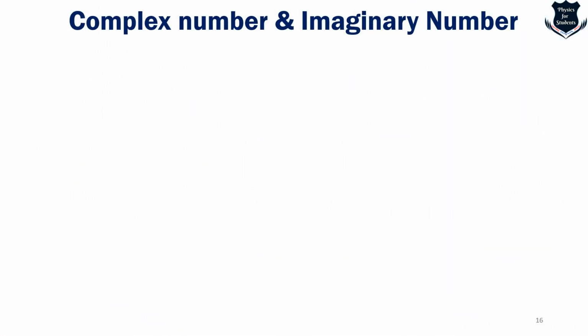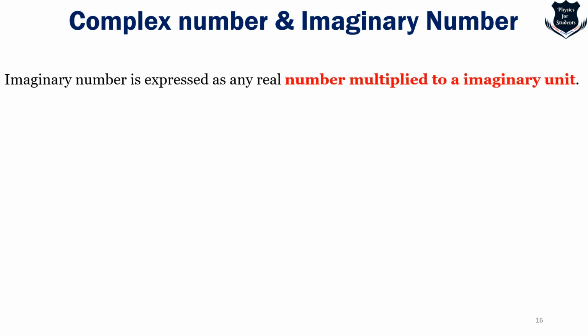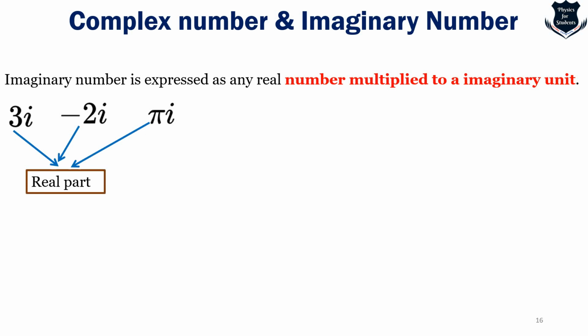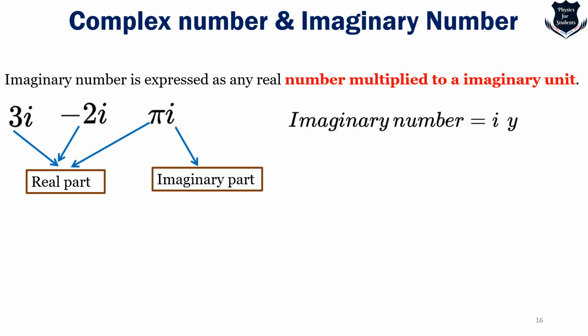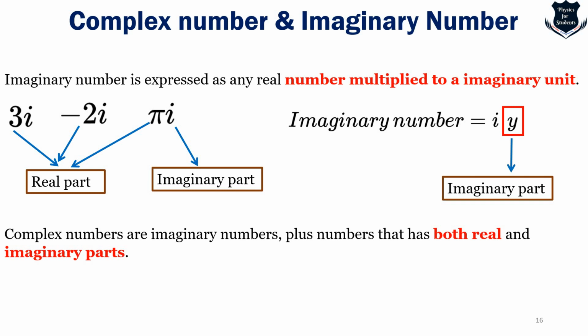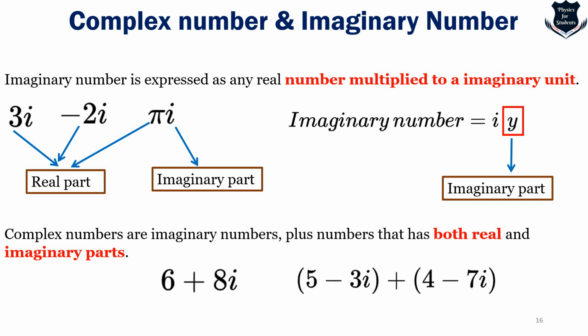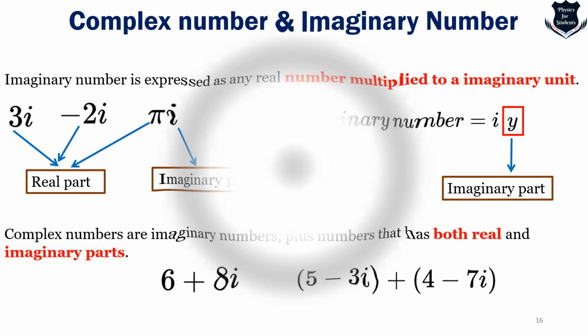First of all, an imaginary number is always expressed as any real number multiplied by the imaginary unit, like 3i, minus 2i, pi i. So an imaginary number equals iy, where y is the imaginary part, and complex numbers are imaginary numbers plus numbers that have both real and imaginary parts. For example, these numbers. You can see this is a complex number which has an imaginary part as well as a real part. Let us see in the next part with some more examples.